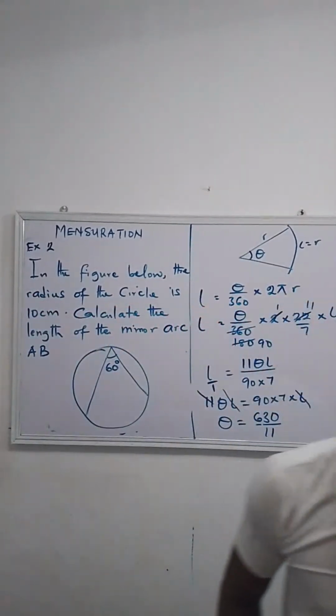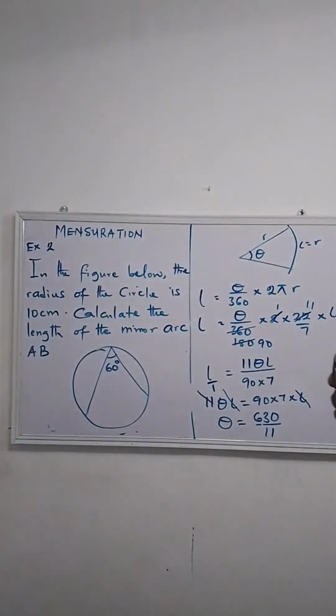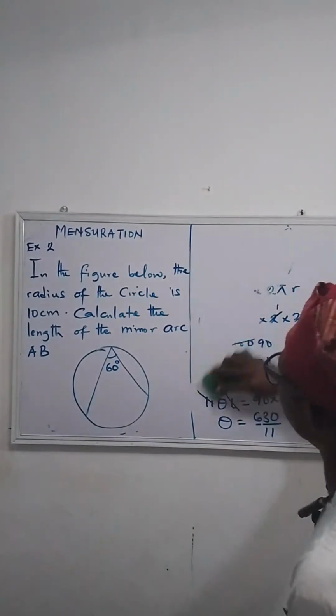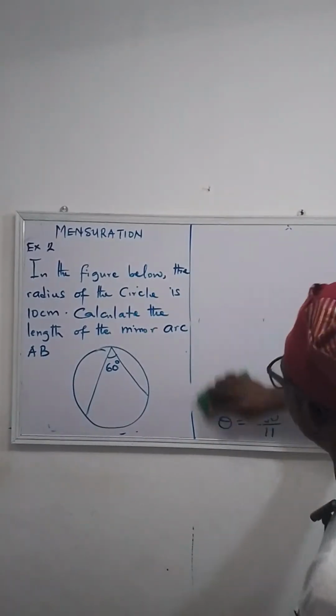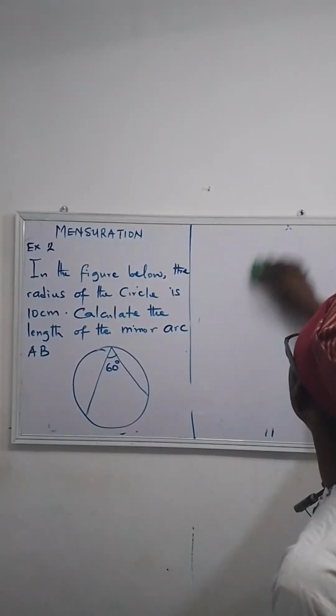All right, so this is another question. In the figure below, the radius of the circle is 10 centimeters. Calculate the length of the minor arc.